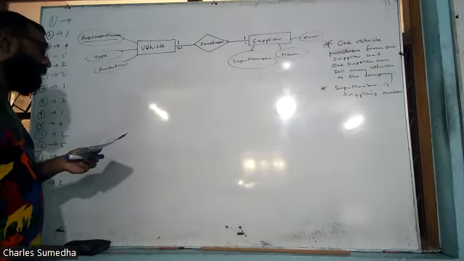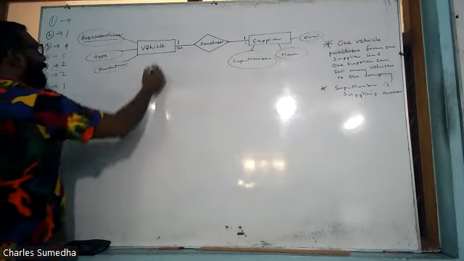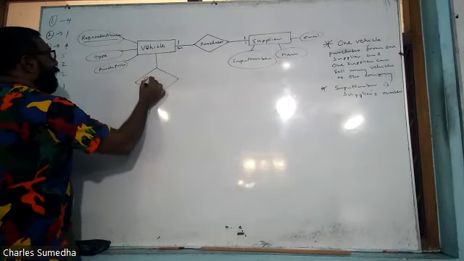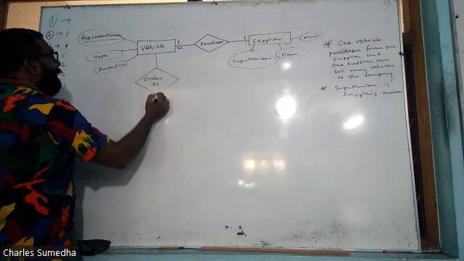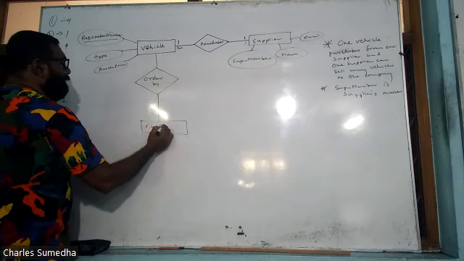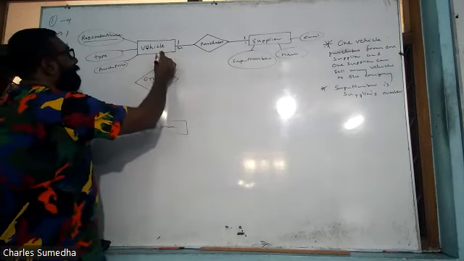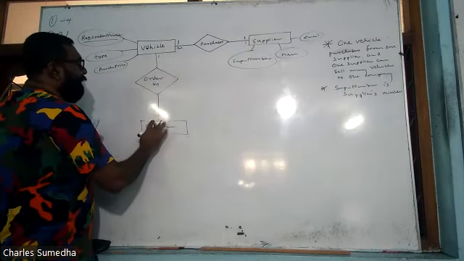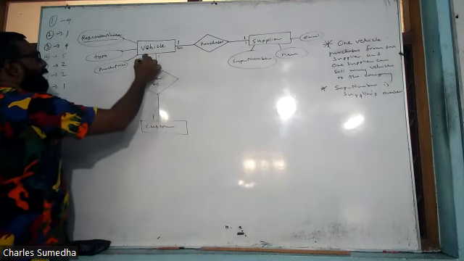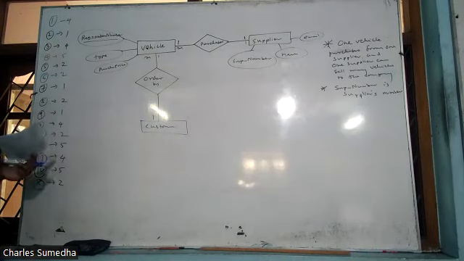Customers come and inspect the vehicles and order the vehicles. Vehicle ordered by customer. One vehicle is ordered by one customer. One customer can order many vehicles. So that is another assumption that I have taken.